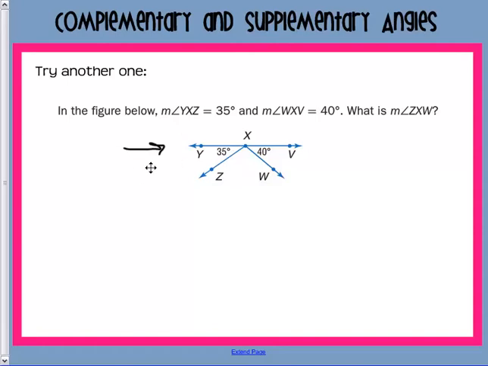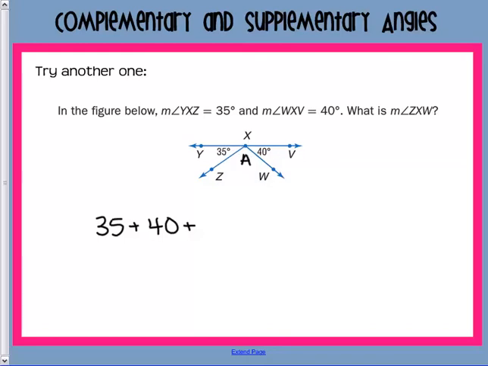All right, so here we go with the answer. In the figure below, we know that YXZ is 35 degrees and WXV is 40 degrees. So they want to know what ZXW is. Well, together these all add up to 180 degrees. So let's label this one with an A, we don't want to label X or any of these.